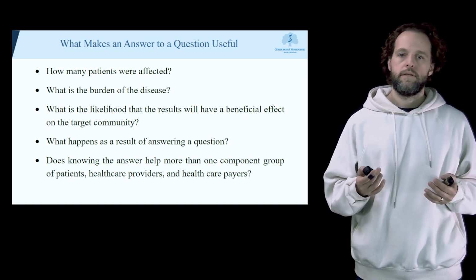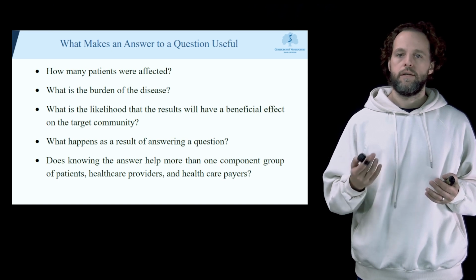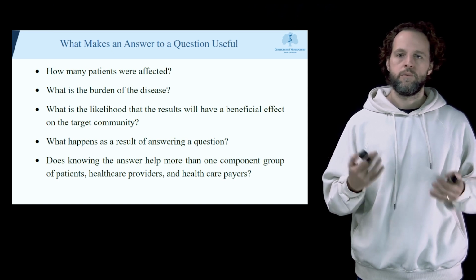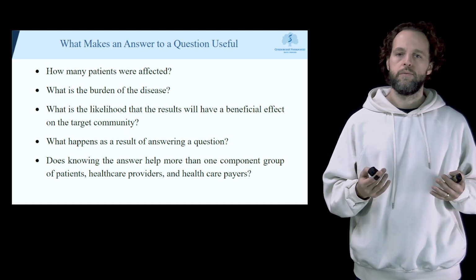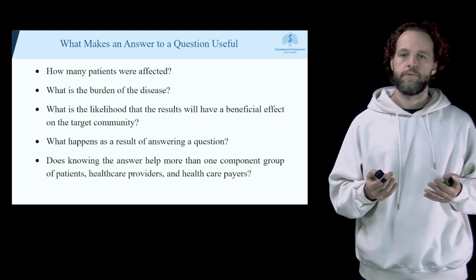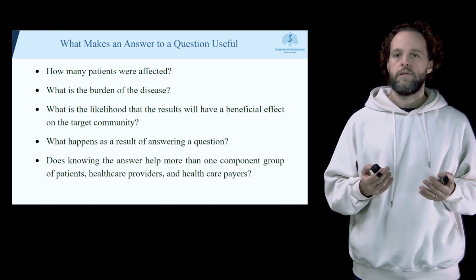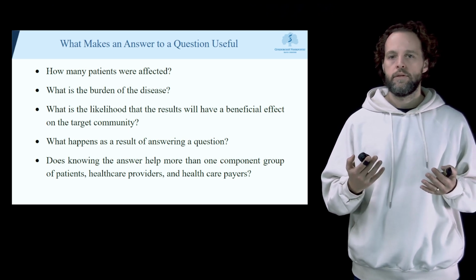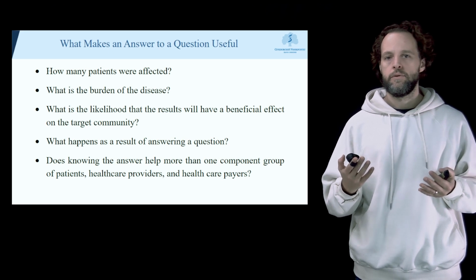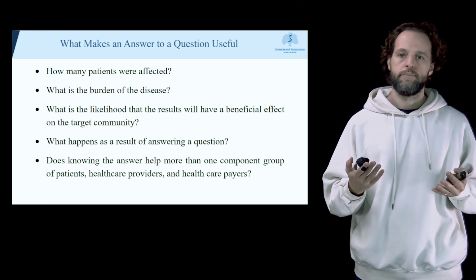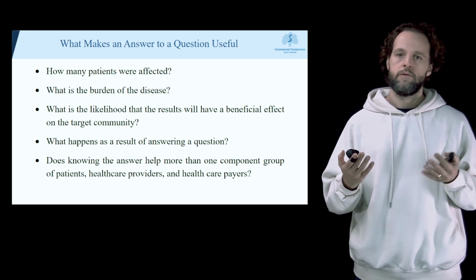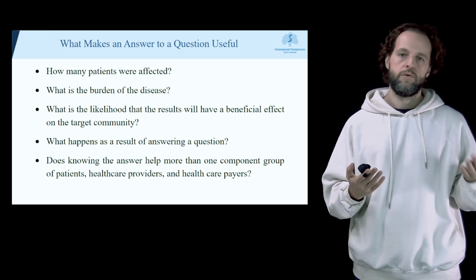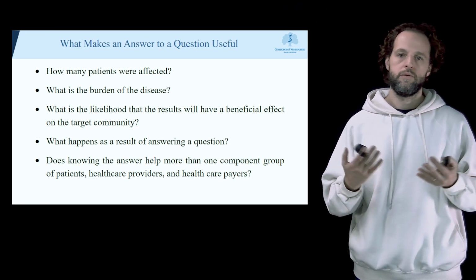What happens as a result of answering this question? Will anything improve if we find the right answer to this question? Does knowing the answer help more than one component of this group, for example, only healthcare providers, only patients, or maybe only payers?